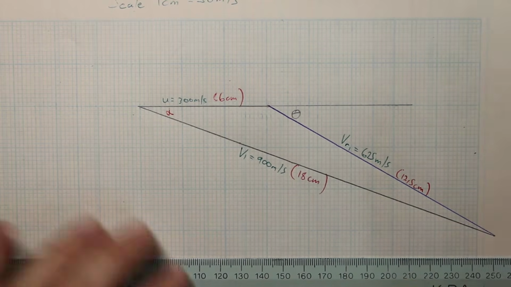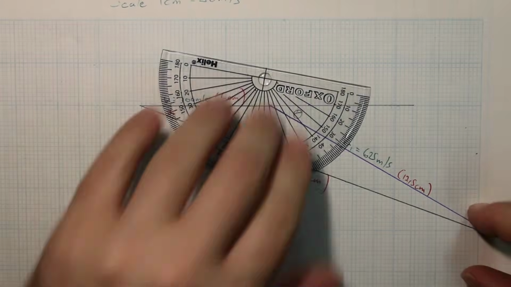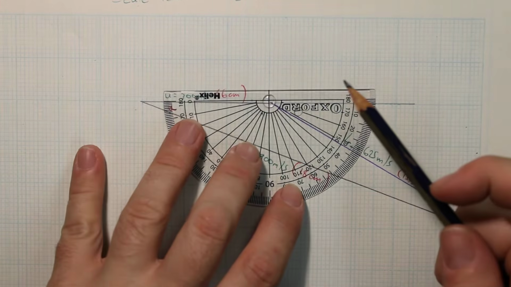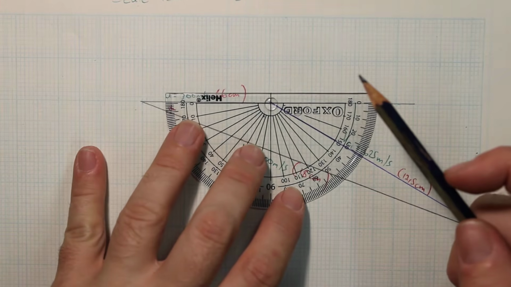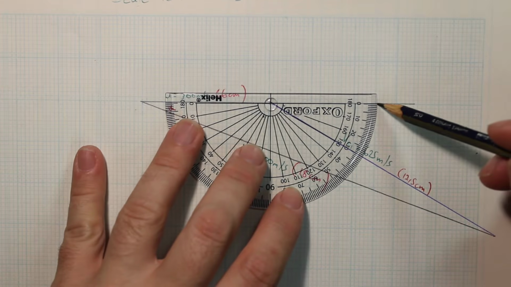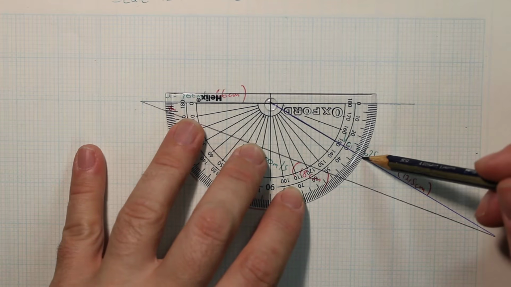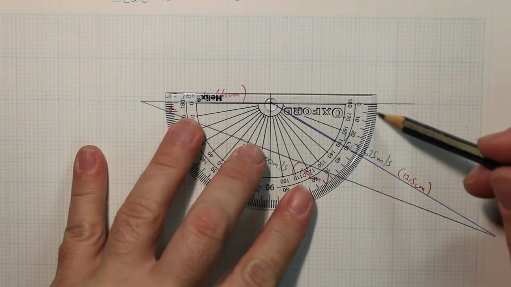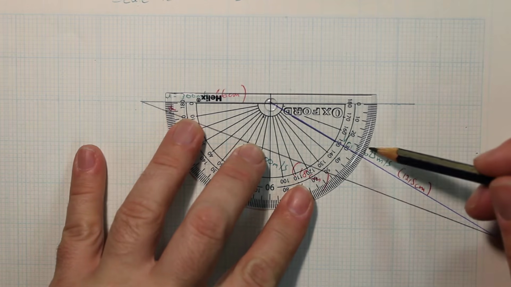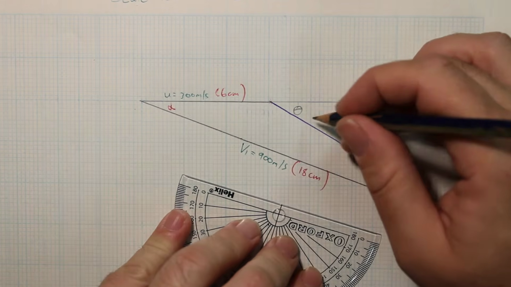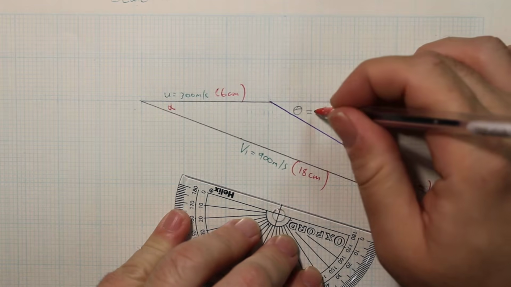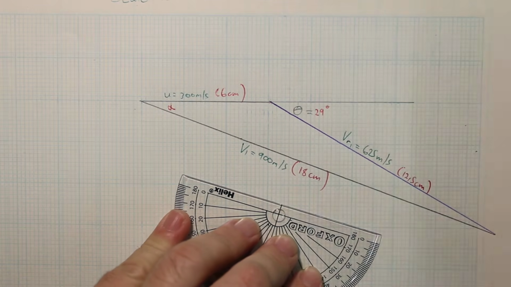So we have to take a measurement. Remember, we take the protractor and put it on that point. We measure from 0, and we see the angle is about 29 degrees. So that angle is 29 degrees.